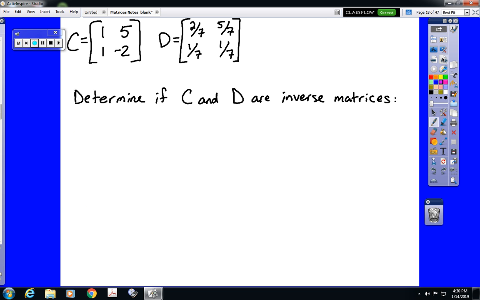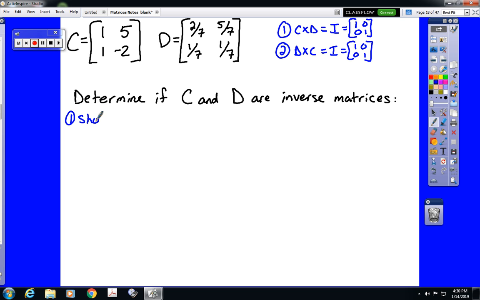So here we have matrices C and D. Same thing, we're going to have to show that C times D is equal to the identity matrix, which in this case is again a 2 by 2. And then we have to show that D times C is equal to the identity matrix. Same identity matrix. So we start off with that first step.